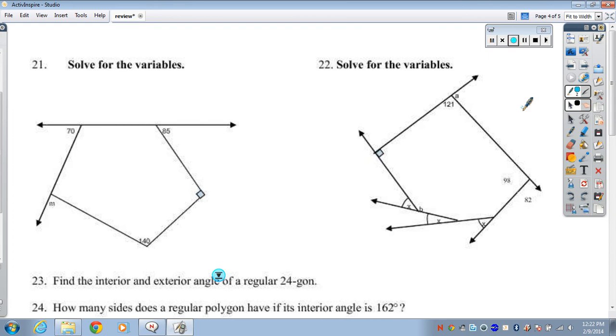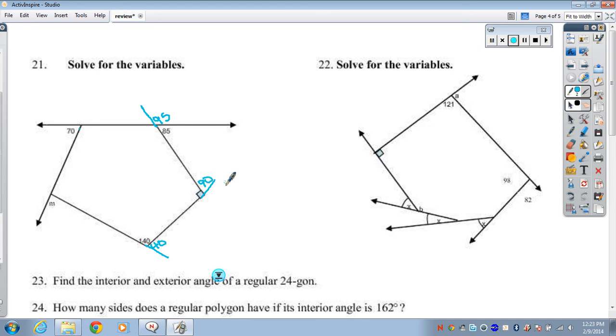Next page. Okay, here we go. Polygons. All right, so let's just extend this line right here. This angle right here is 95 degrees. Notice that's an exterior angle. This angle is an exterior angle, 70 degrees. This one's an exterior angle. Let's extend this one, 40 degrees. Let's extend this one, 90 degrees.